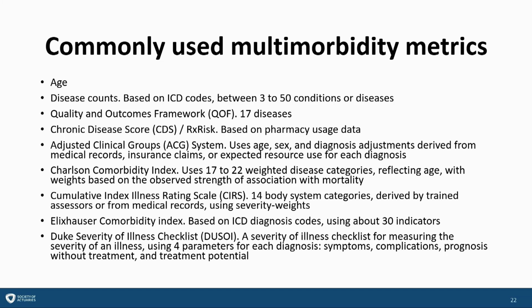Some of them you can buy software to utilize and report and to understand the conditions. Some are involved in terms of illnesses. Some of them have factors involved in terms of the severity of the particular condition, and some of them are based on medical records of the individuals.